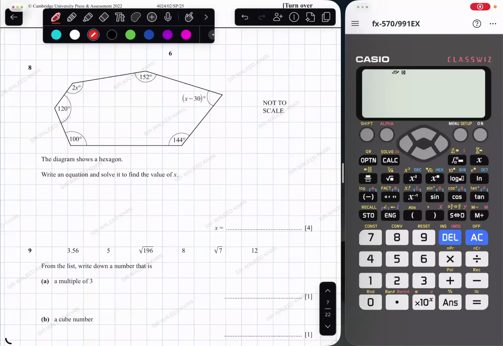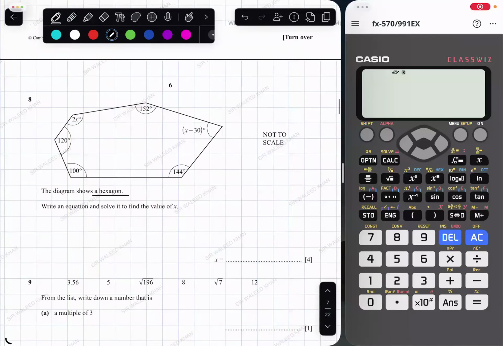Okay, question number 8. The diagram shows a hexagon. Write an equation and solve it to find the value of x. So it's a 4-mark question. Do not skip steps. First of all, let's figure out the sum of interior angles of a hexagon. It's not a regular hexagon, so we use n minus 2 times 180.